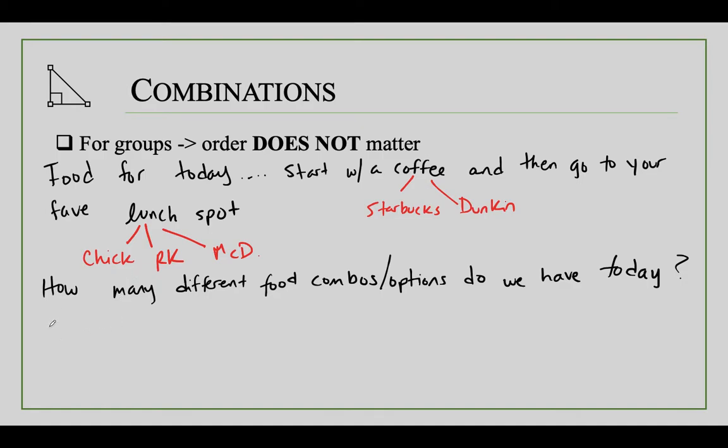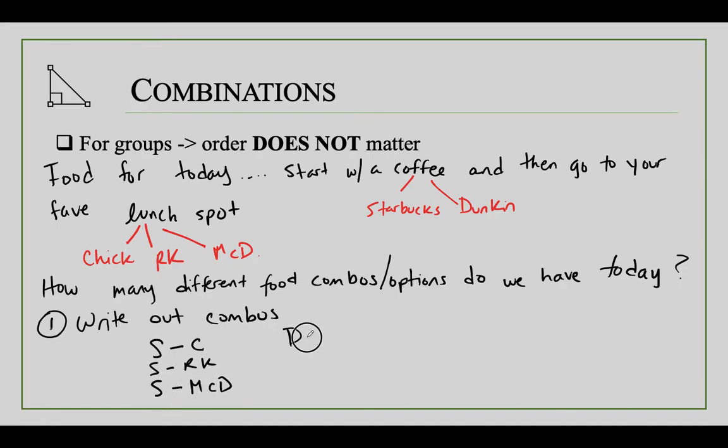So the first way we can do it, I'm going to write number 1, is just write out the combos, just like I did for our warm-up. Write out our combos. So I can have Starbucks with Chick-fil-A, Starbucks with Raising Cane's, and I can have Starbucks with McDonald's.